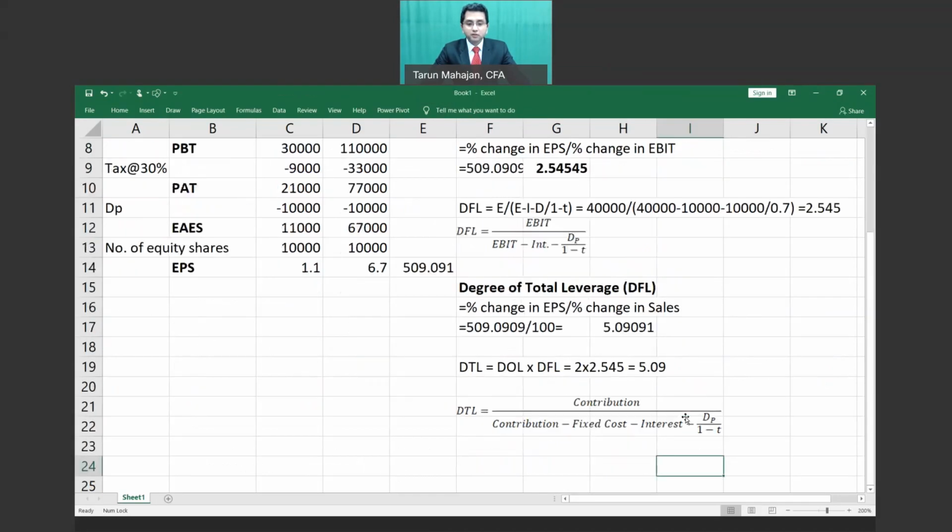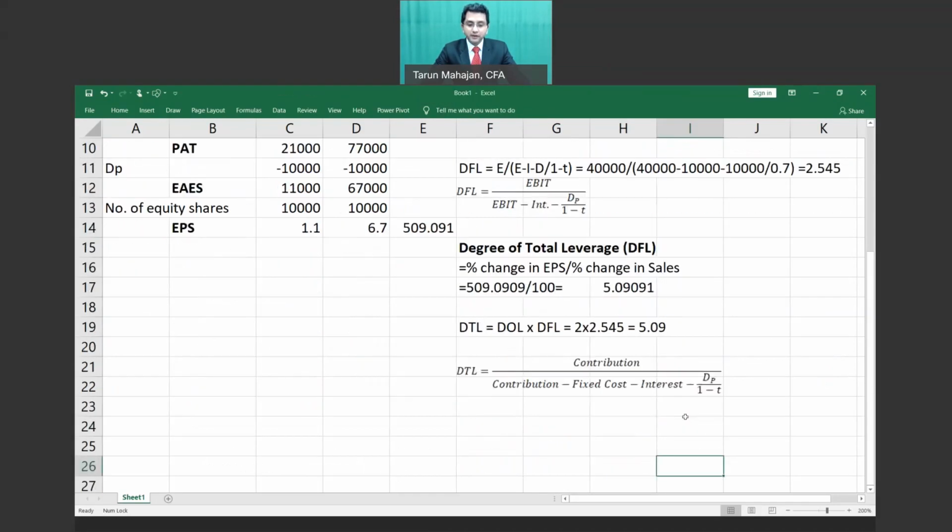So there are 3 formulas to calculate the degree of total leverage. Now this is an overview of what is DOL, DFL and DTL. Now let's talk about interpretation of these numbers.